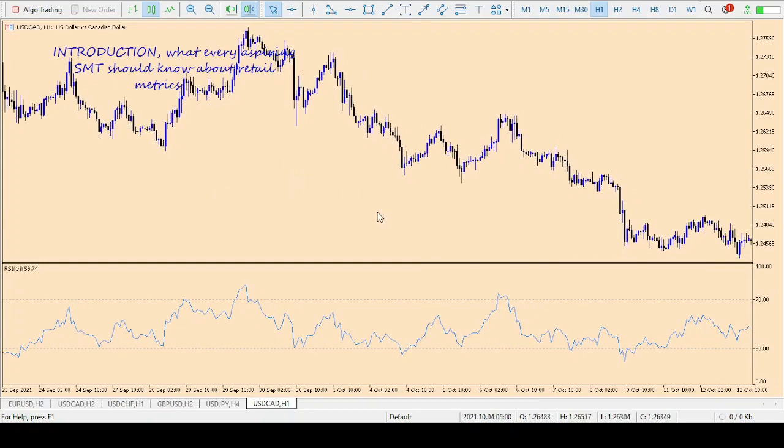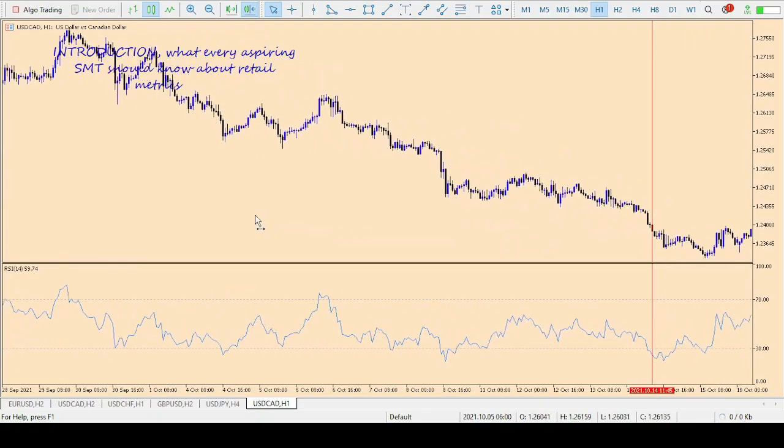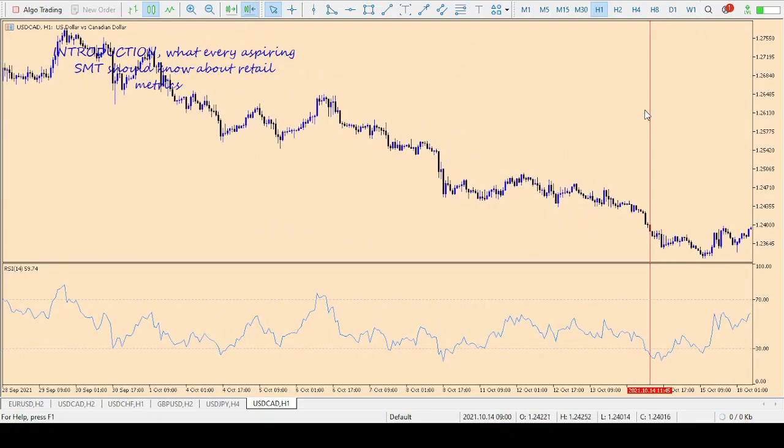So for instance, look at the price here. I'll just pick a random place. At this point, this area here, price is oversold. It has gone too deep into the sell zone, right?